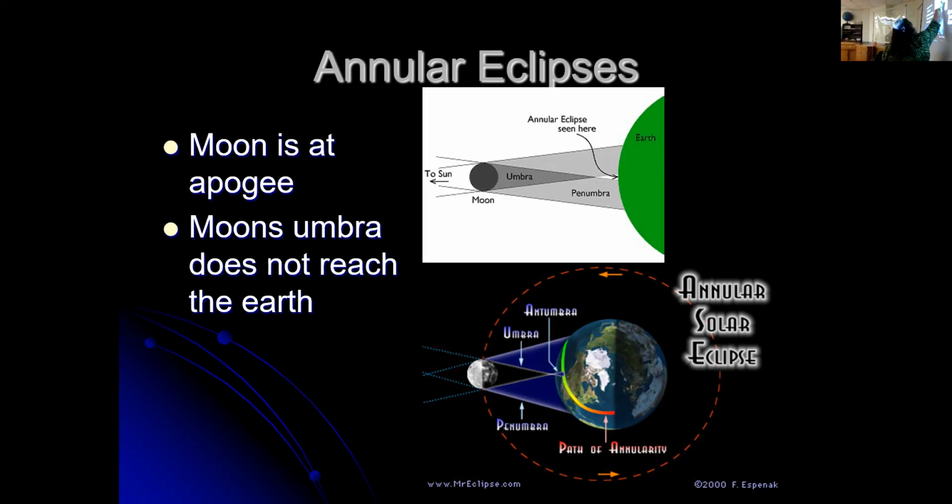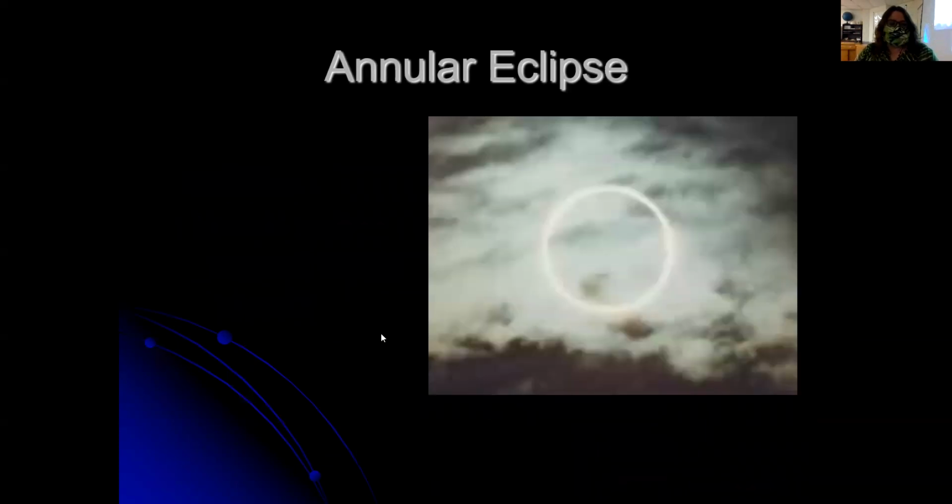Now, because of that distance, the umbra doesn't reach all the way to the earth because it's small. It's only 1/6 of the size. And then this is what it would look like. You'd still have the ring of the sun surrounding the moon.